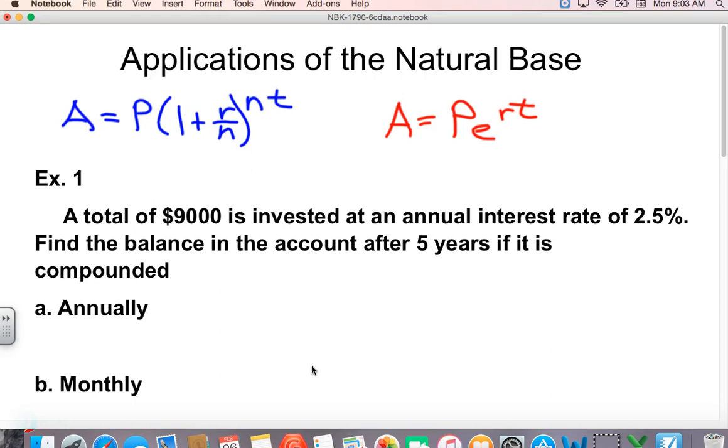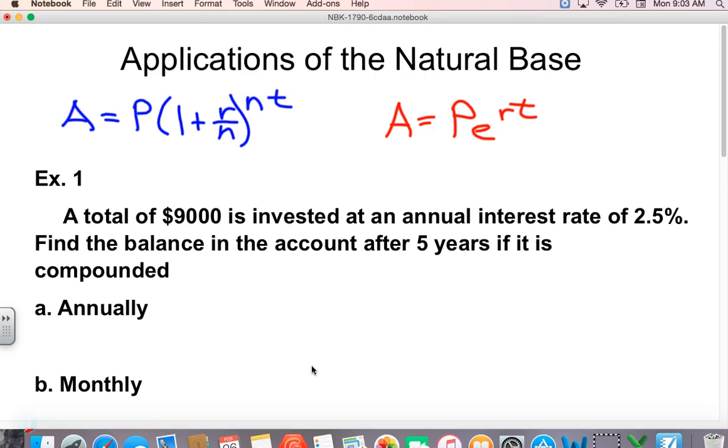If it's compounded daily, monthly, annually, quarterly, weekly, whatever, anything besides continuously, you use the blue formula. You use the red formula if it's compounded continuously. So if they say you compound your interest continuously at this bank or in this account, then you'd use the PERT formula. Anything except continuously, use the blue one.